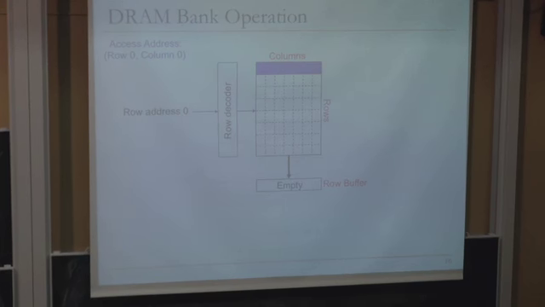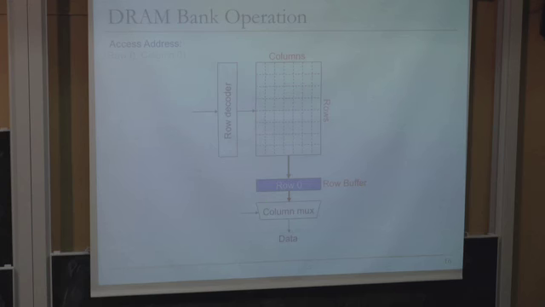What the DRAM bank does is essentially activate that row, placing that row into the row buffer. Then the controller sends the column address, as well as a command saying that I want to read from this column. Let's say we're reading. And what the DRAM bank does is essentially mux out the appropriate column from the row buffer and send it back through the data bus to the controller.